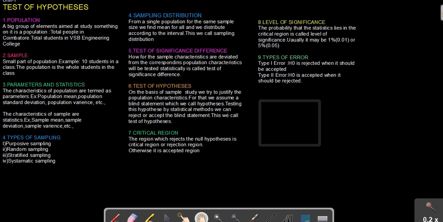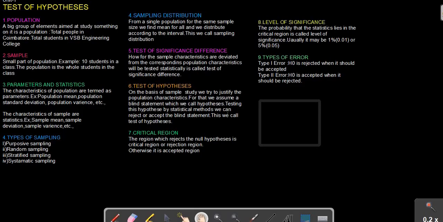Now next we talk about the test of hypothesis. As I already told you, there are 5 steps. The first one is hypothesis formulation. The second step is calculation of statistics, and the third step is identification of the table value.